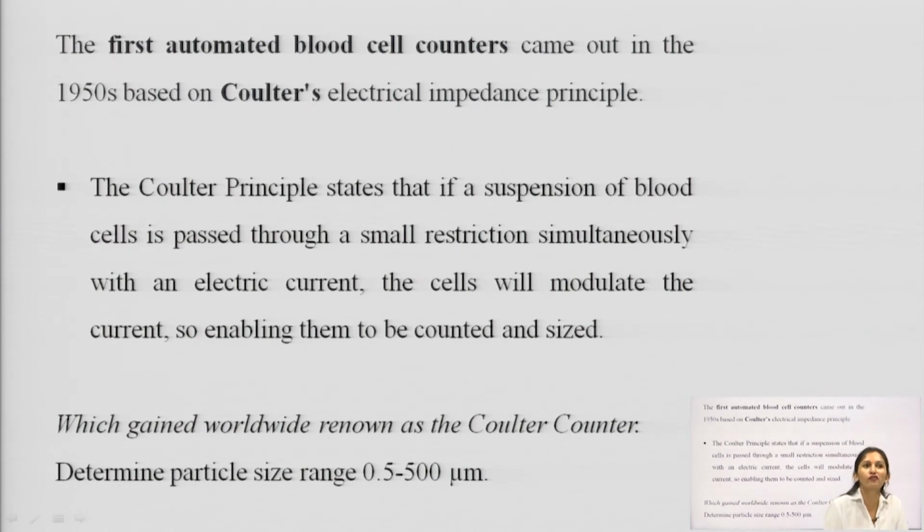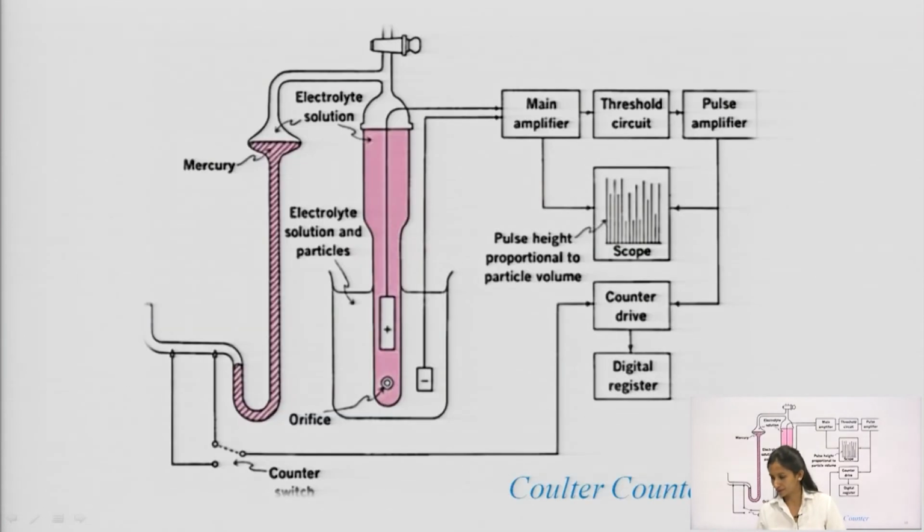It will determine the particle size in the range of 0.5 to 500 micrometer. This is the assembly of the Coulter counter.